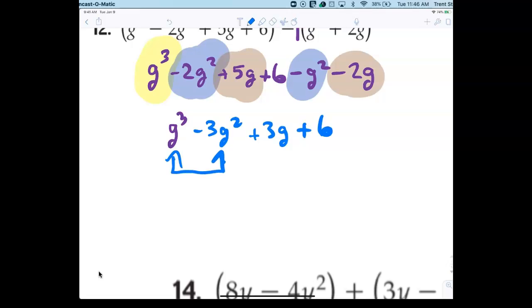I'm adding negative 2g squared and negative g squared. I'm adding g squareds. If I add g squareds, I'm going to end up with what?